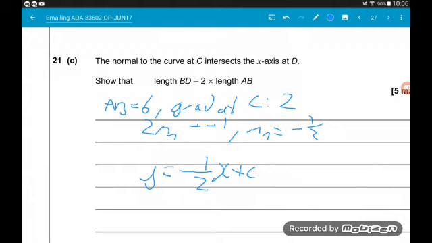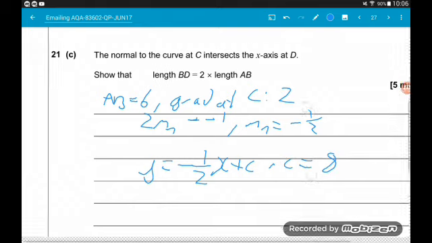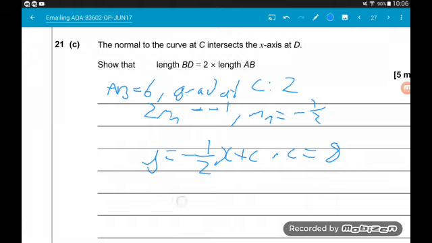So that actually tells us that c is equal to 8. Okay, so the equation of our normal is y equals minus 1 half x plus 8.